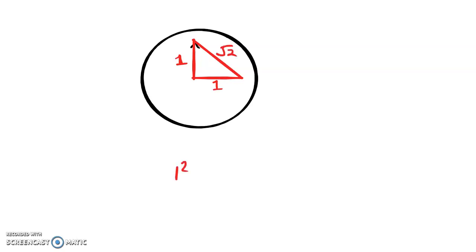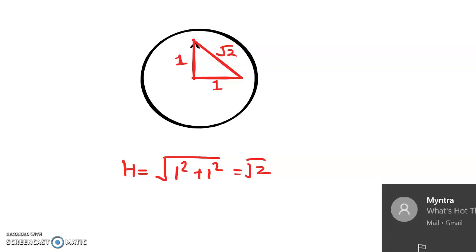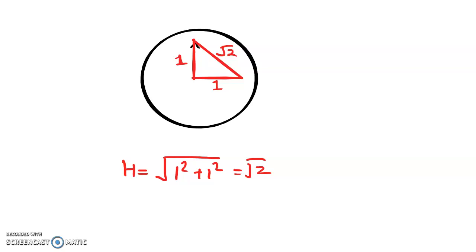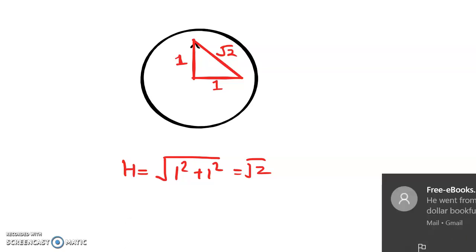Pythagoras theorem is 1 square plus 1 square equals the hypotenuse square. The hypotenuse is this. So this would be root 2. So that is actually your displacement in this case. I hope you got more clarity on distance and displacement.